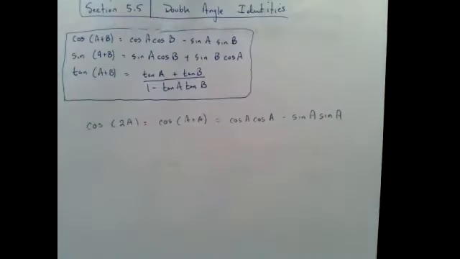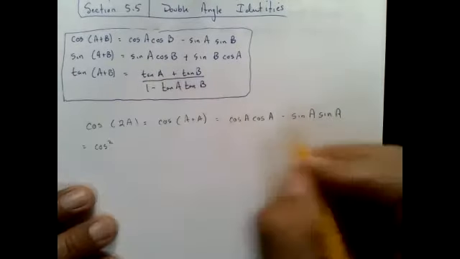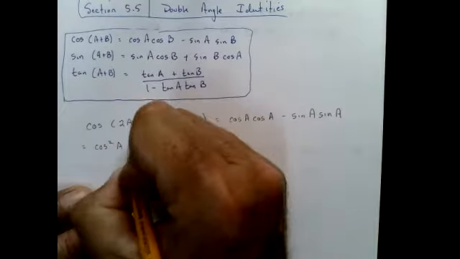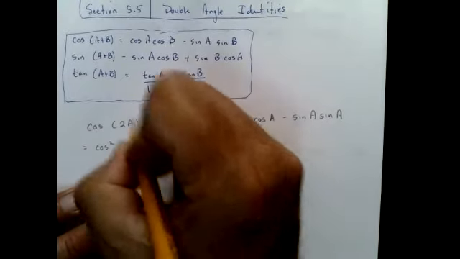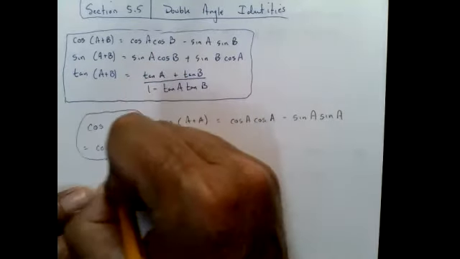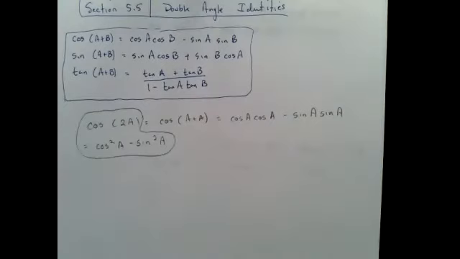They just both happen to be A. And what does this now equal? Cosine squared of A, because there's 2 of them, minus the sine squared of A. I have a new identity. Cosine of 2A equals cosine squared of A minus sine squared of A.